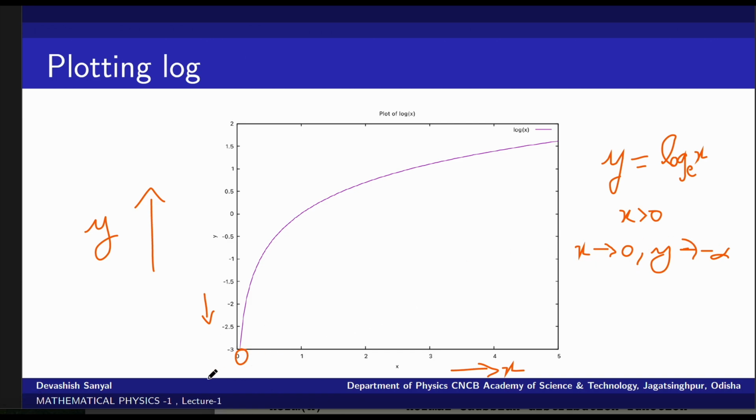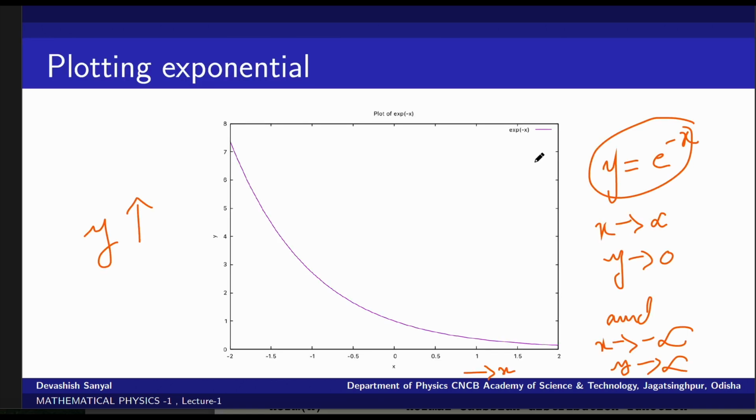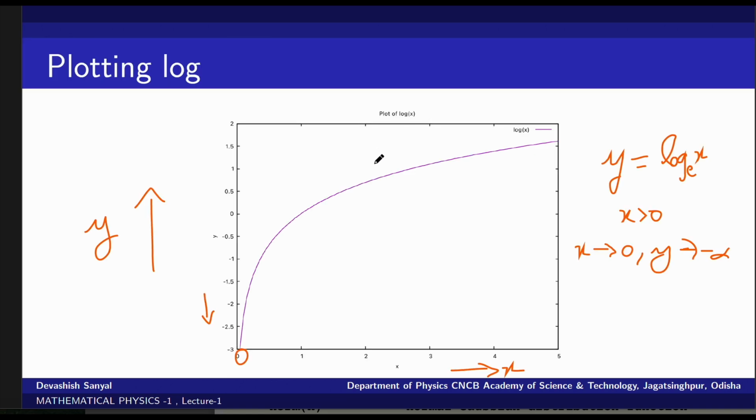If you start from very close to x equal to 0, the y value will be large but in the negative direction, and from there it will increase. This is not like exponential. Exponential is increasing very fast, but here there is some kind of plateauing off. The increase is not sharp, as if it's approaching a limit.